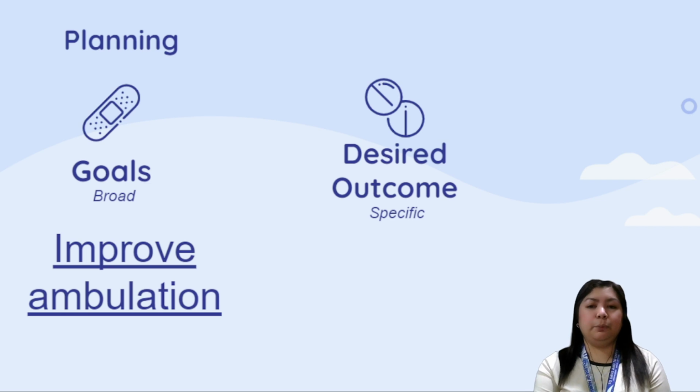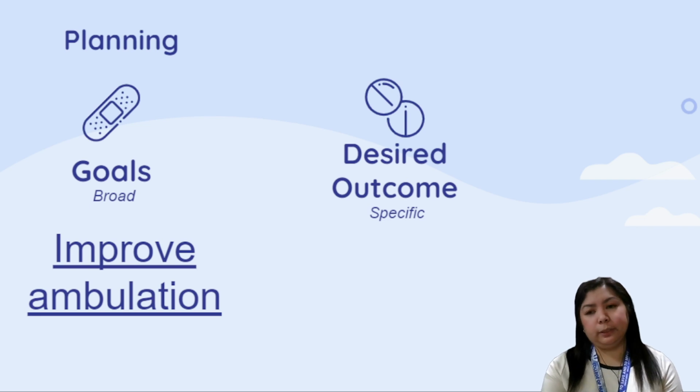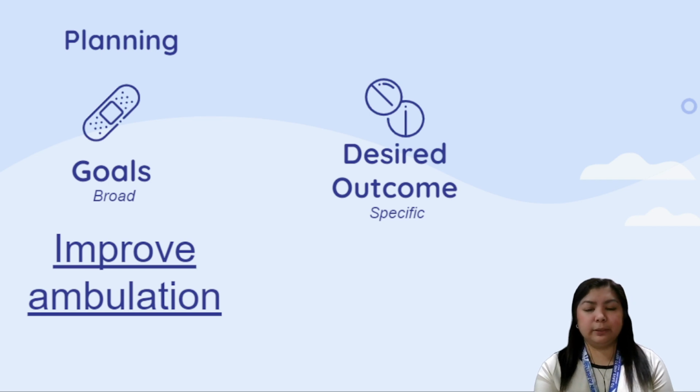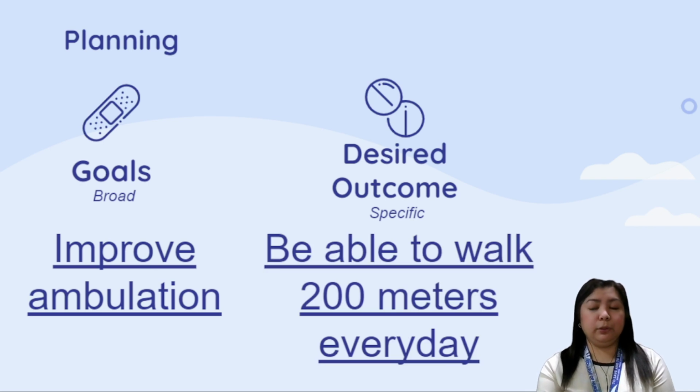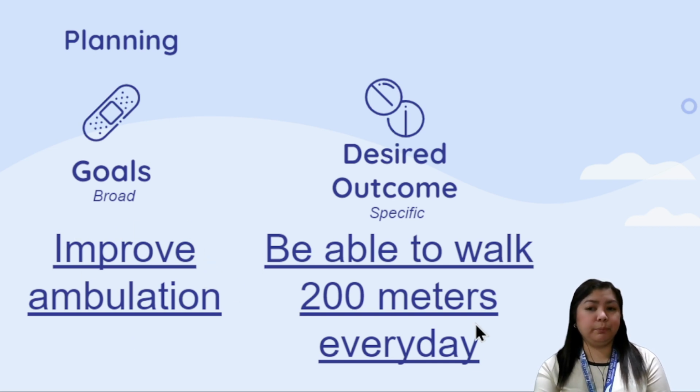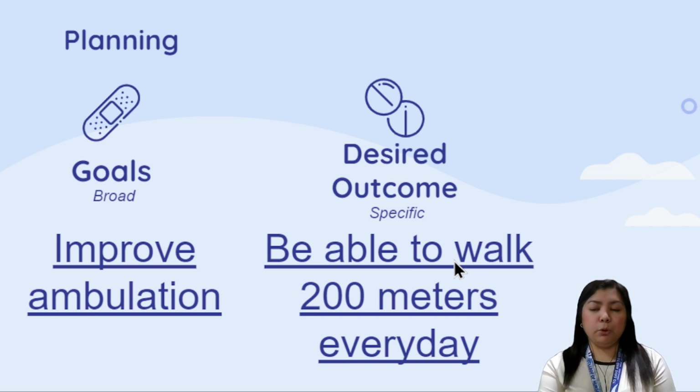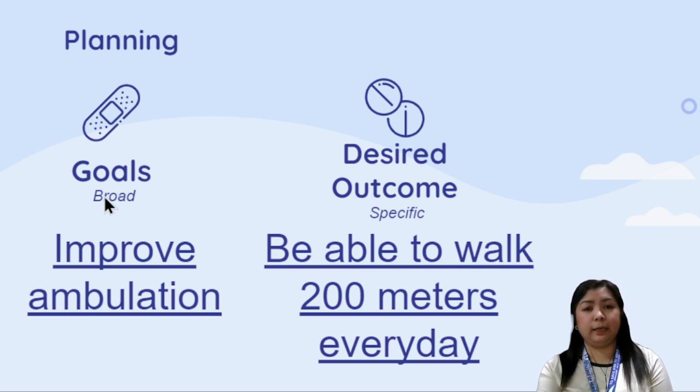Now, when we rephrase improve ambulation in ways that we can actually measure, we may say be able to walk 200 meters every day. So improving ambulation would also mean that the patient would be able to walk 200 meters every day. We most often than not prefer using desired outcomes rather than stating our goals.